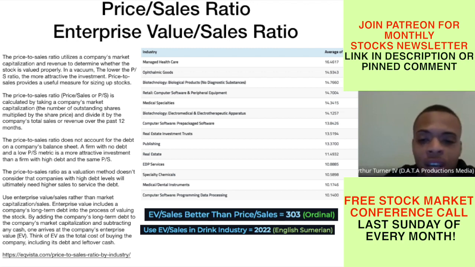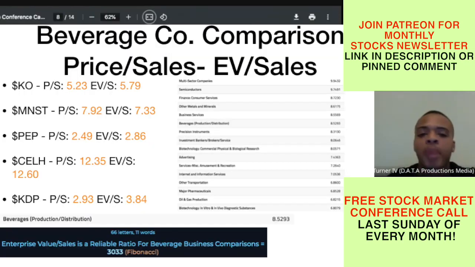This is for price to sales. EV to sales is better than price to sales, used in the drink industry, something to think about. And again, it works really well with beverage companies, which we're going to get into. The beverage company comparison: price to sales and EV to sales.